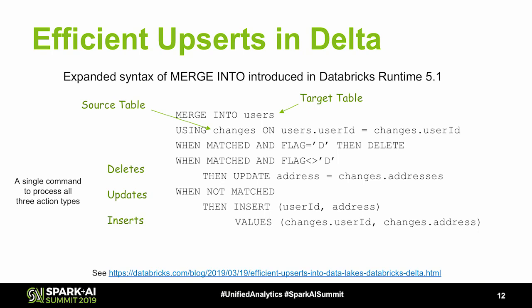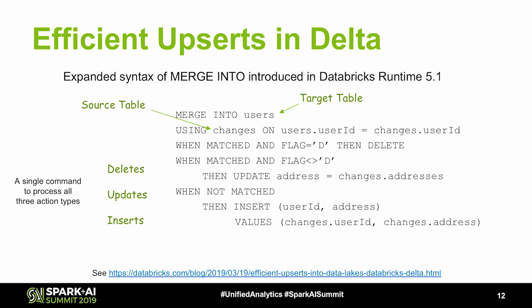So I'll step through this a little slowly. This example was taken straight from this blog that we wrote earlier in the year. You've got a table of users that you're trying to merge into, call that your target table. And you've got changes in a source table. Every record is a user, right? And every user has an address.